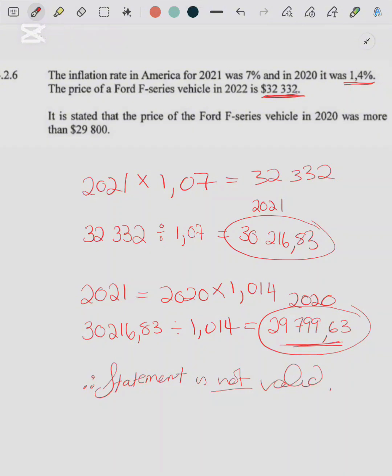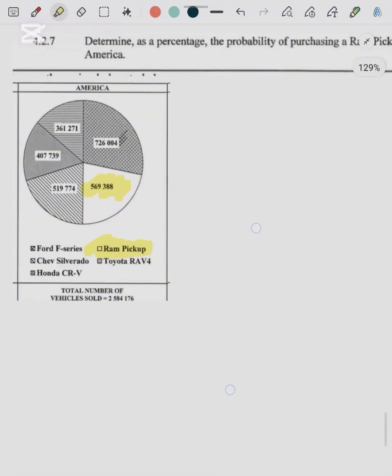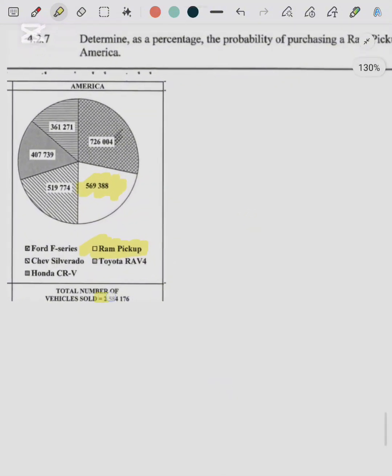Alright, our last sub-question for this 4.2, 4.2.7: determine as a percentage the probability of purchasing a Ram pickup truck in America. Ram pickup trucks give me this value of 569,388, and we also know our total.